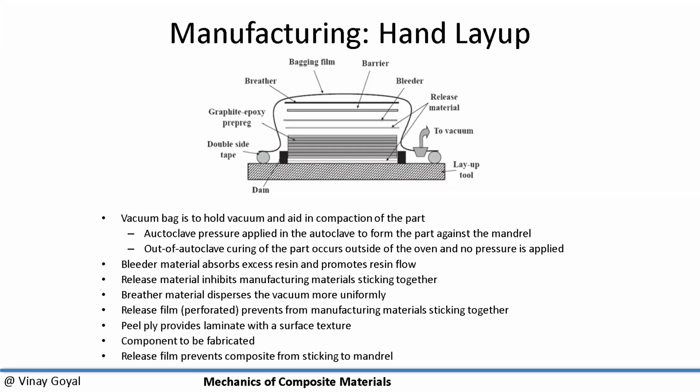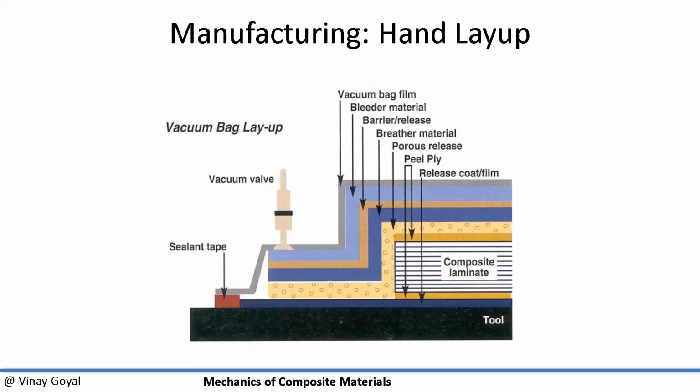And the vacuum here is helping us compact the part, so remove any voids, and the autoclave then will provide the extra pressure needed to push any other voids out. And we talked about how, in an out-of-autoclave process, the part is getting cured in an oven and no pressure is applied.